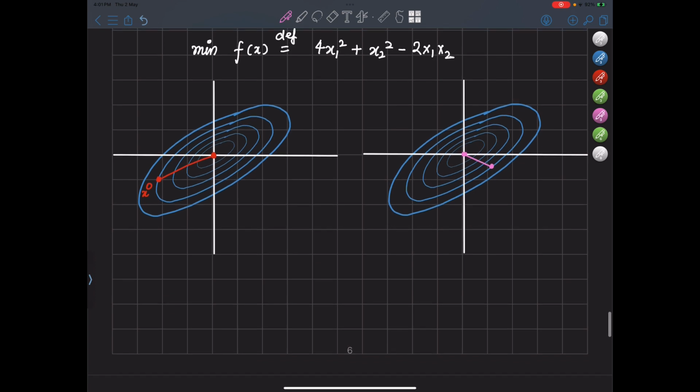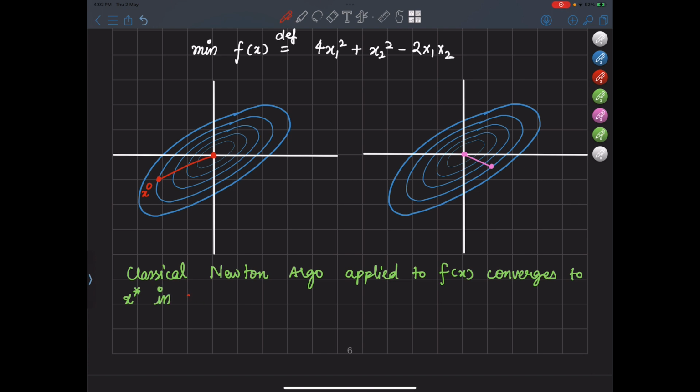So this is the power of the classical Newton method: the classical Newton algorithm applied to f of x converges to x star in one iteration from any starting point.